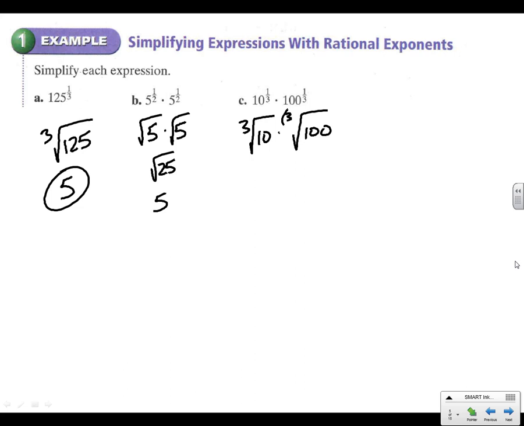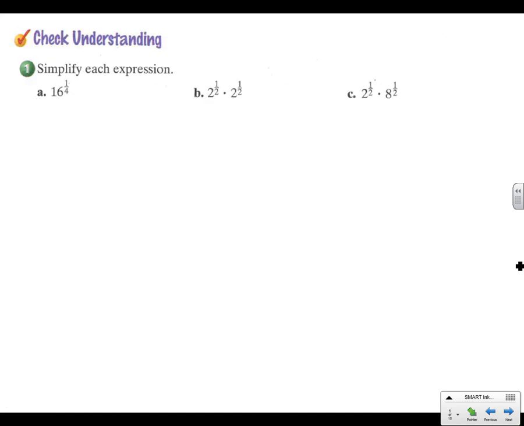And since it's the same index, we can multiply the radicands, the 10 and the 100, and get the cube root of 1,000. And the cube root of 1,000 comes out nicely as 10. 10 times 10 times 10 is 1,000. So see if you can come up with the correct answers when you simplify for understanding check number 1.